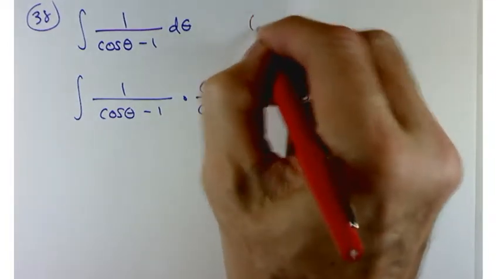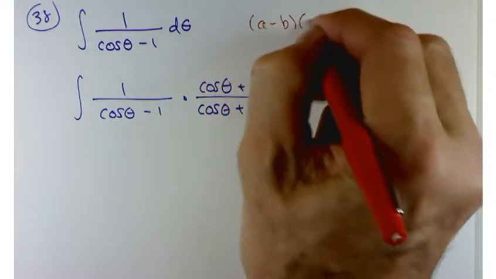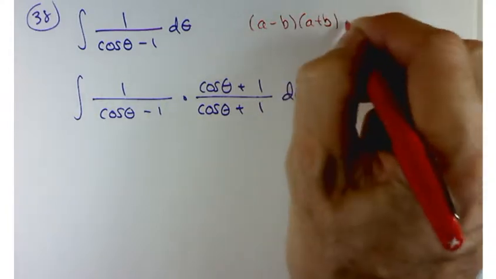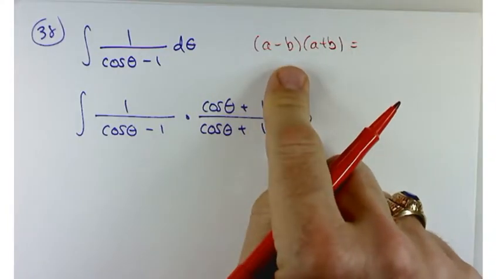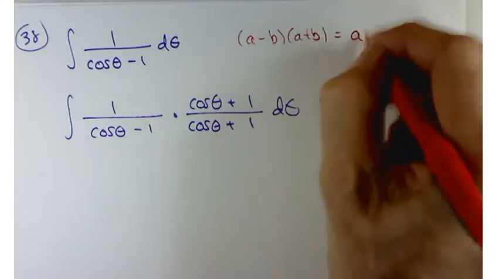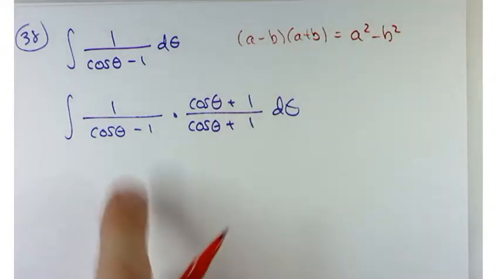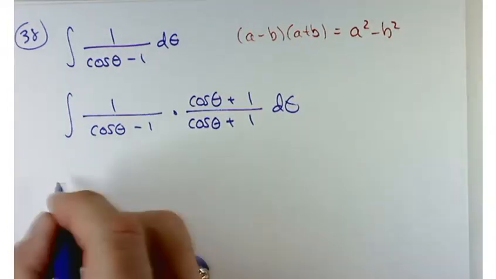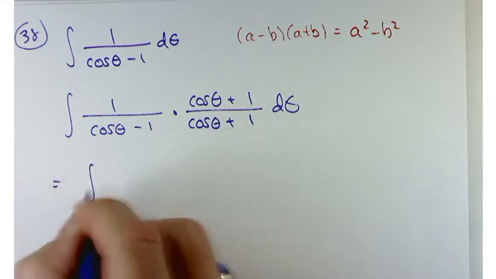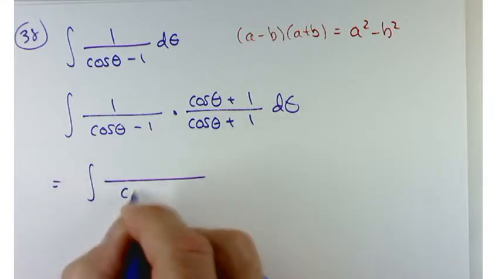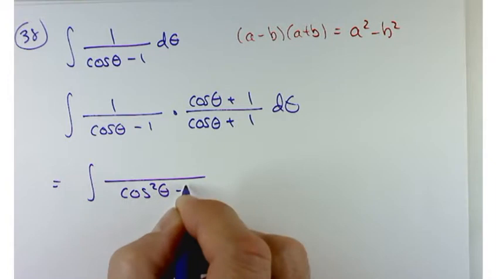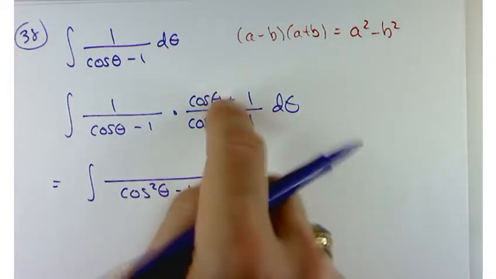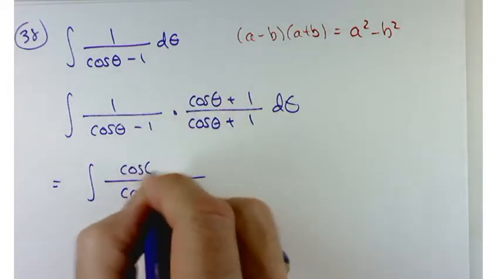Just as a quick reminder, a minus b times a plus b, when you multiply conjugates, I'm not going to FOIL it all out for you, is a squared minus b squared. So that's nice, because in the denominator I'll get some nice simplification. I get the integral of cosine squared of theta minus 1, and in the numerator I'll just get cosine of theta plus 1.